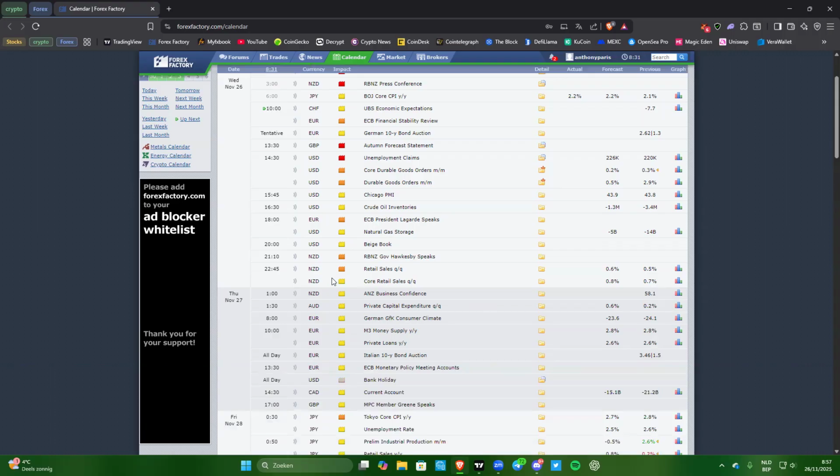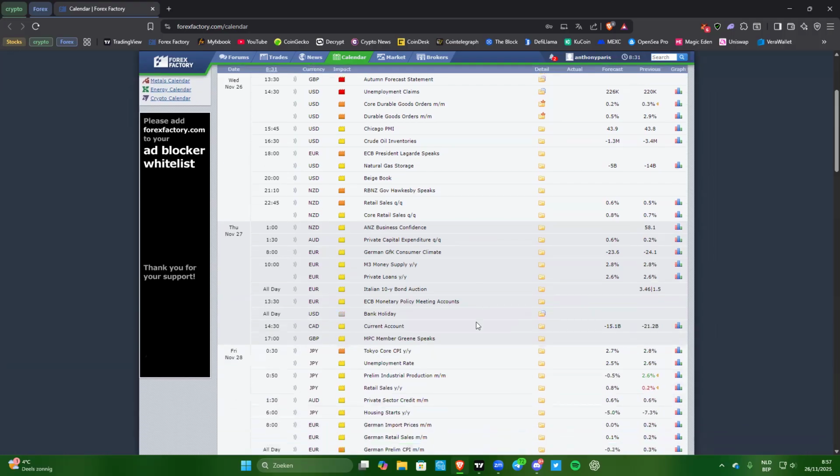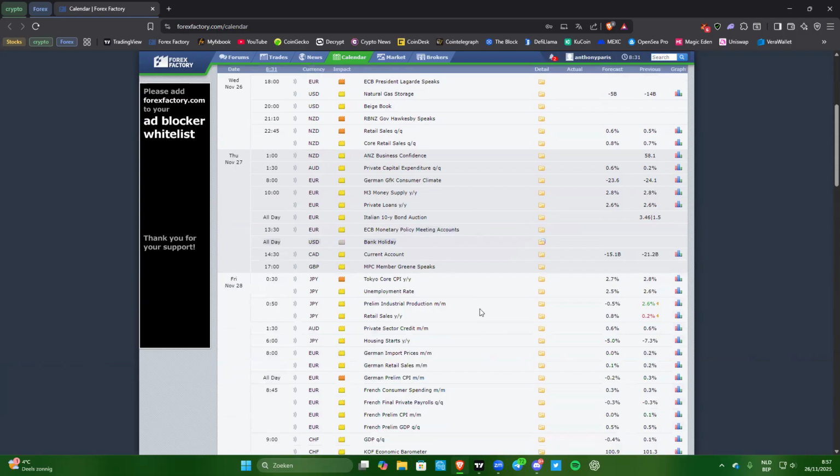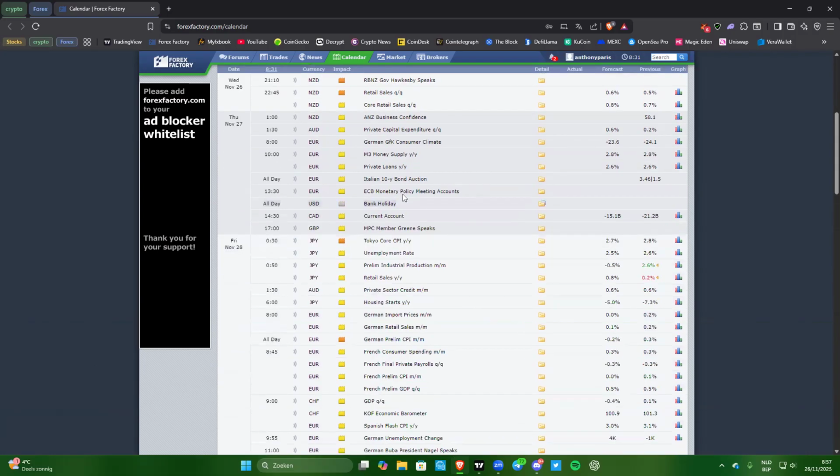The retail sales from NZD at 10:45, but for the rest, I think this is Thanksgiving, right? Thursday, tomorrow? I'm not sure, but I think it's Thanksgiving or something in the United States. So I think the USD pairs will be very boring tomorrow.